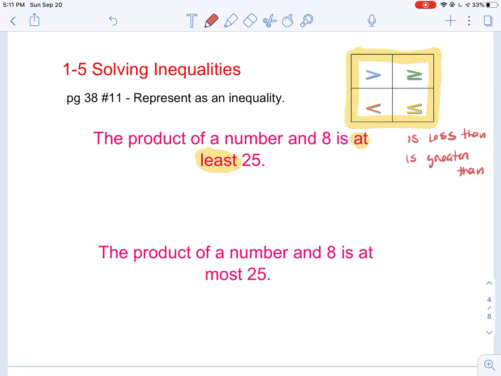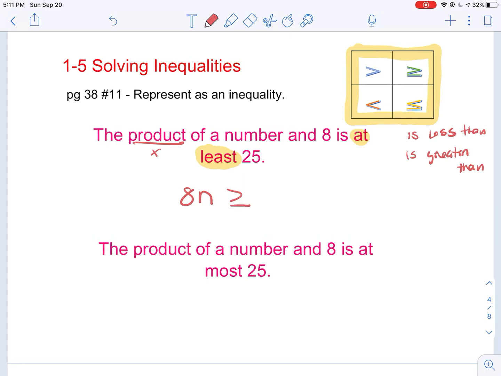What does that mean? If I have at least 25, that means I have 25, but I also could have 26, 27, 28, anything bigger than that. So 8 times a number, product tells me times. It has to be greater than or equal to the number 25. So at least tells me that.